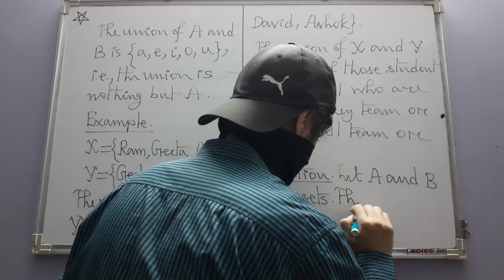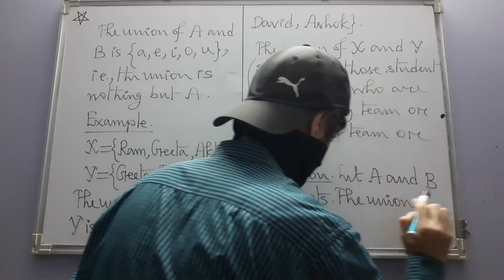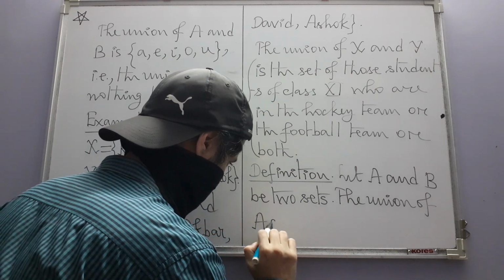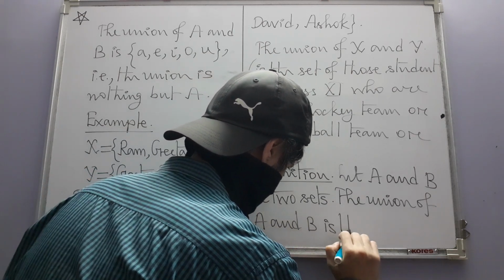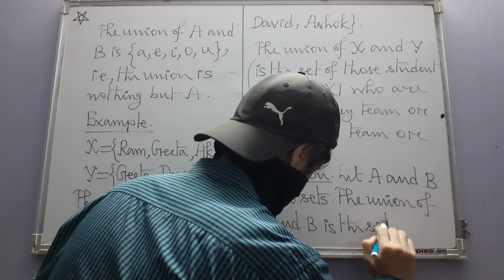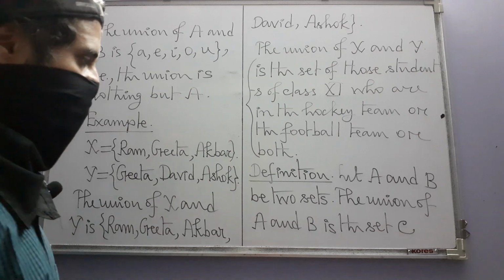The union of A and B is the set, let us temporarily call it C because it has to be given some name, right?